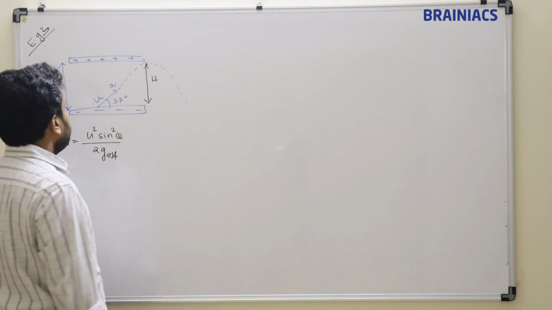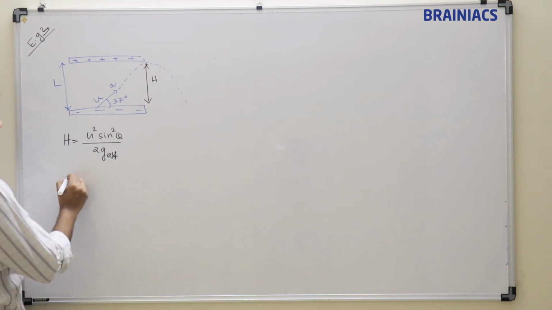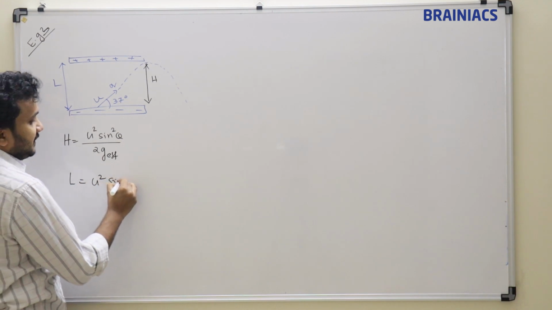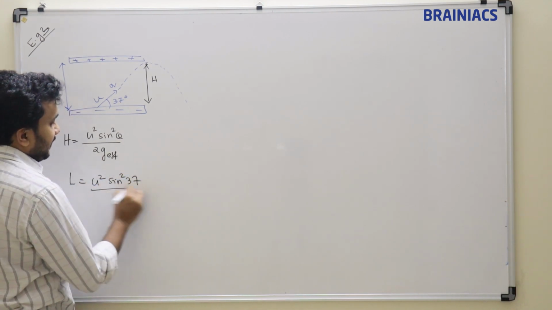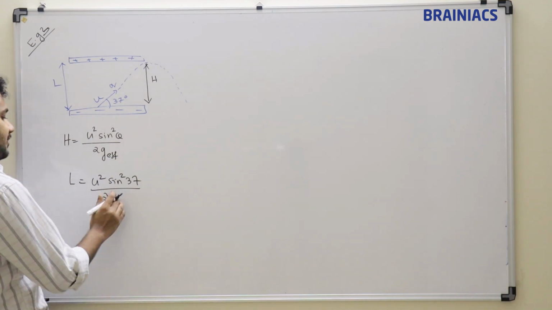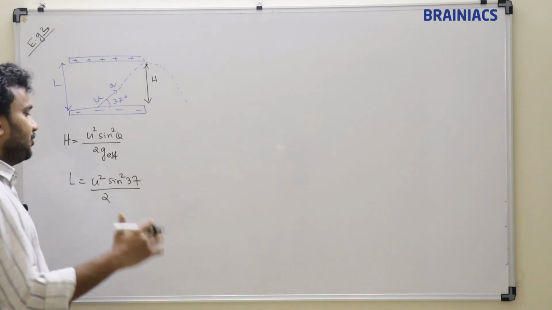u square is the velocity we have to find, and the maximum height is given as L equal to u square sine square theta, that is sine square 37, divided by 2g. If the question is asking in a gravity-free area, then no g has to be added. If the question is asking with gravity, then g has to be added.